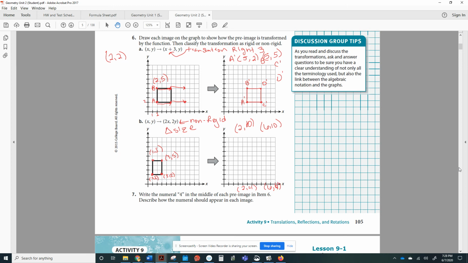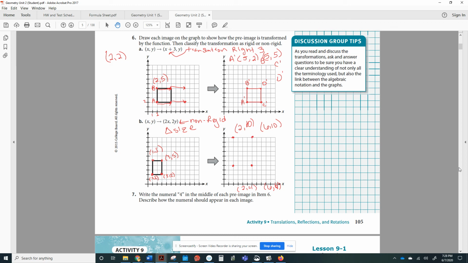My 4s do not look like 4s. So we plot 1, 2, 3, 4, 5, 6, and then up 4, 5, 6, 7, 8, 9, 10.